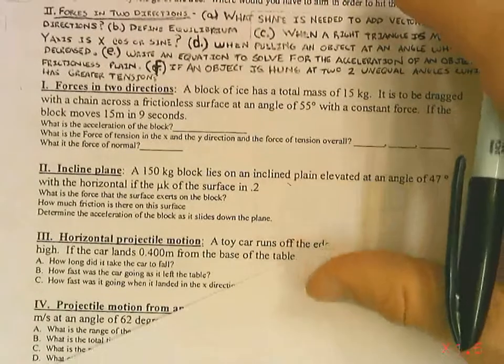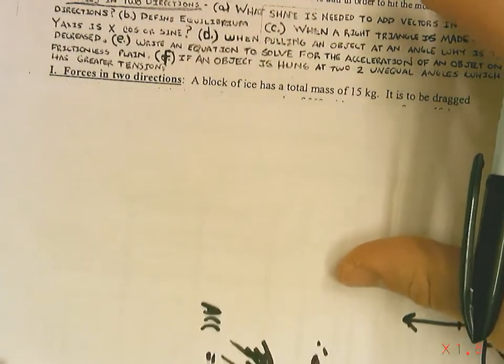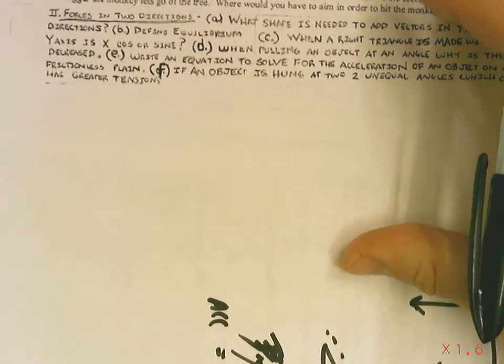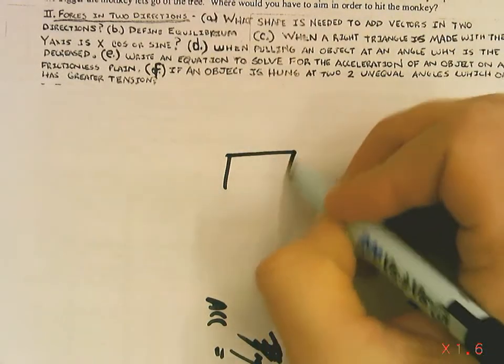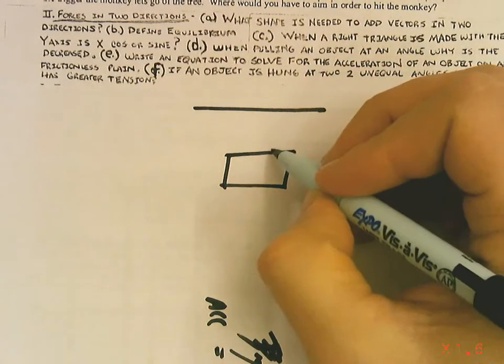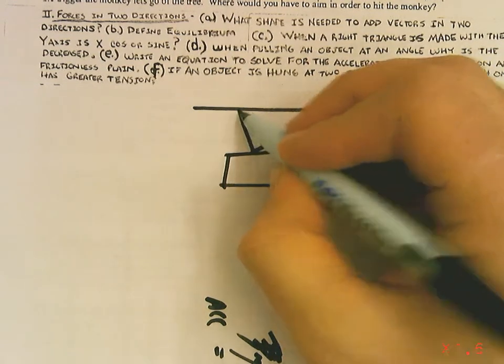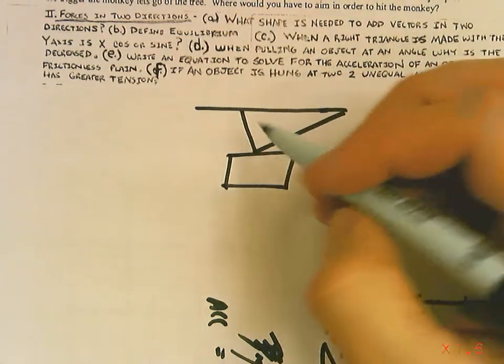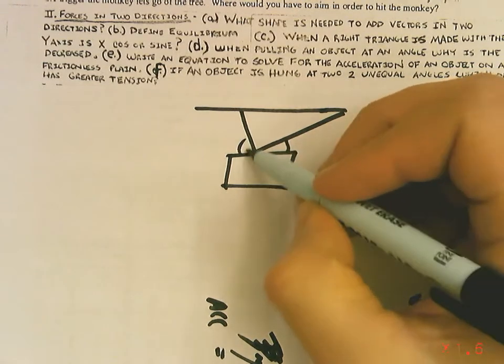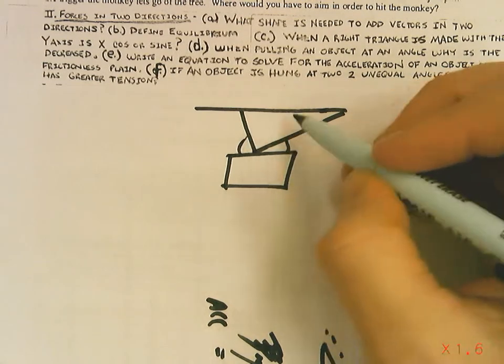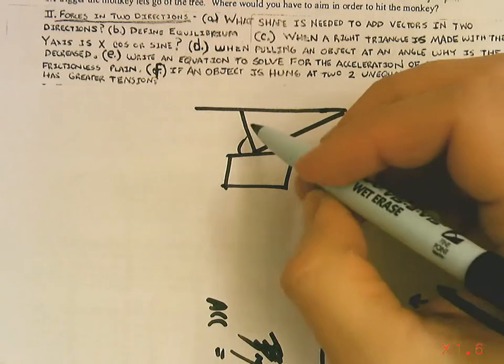If an object is hung at 2 unequal angles, which one has the greater tension? If one angle looks like that and another angle looks like this, the greater angle with the x-axis will have less tension.